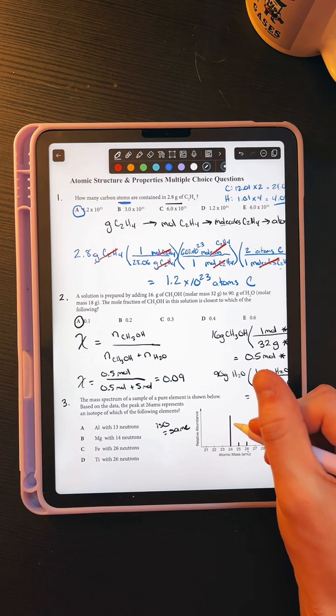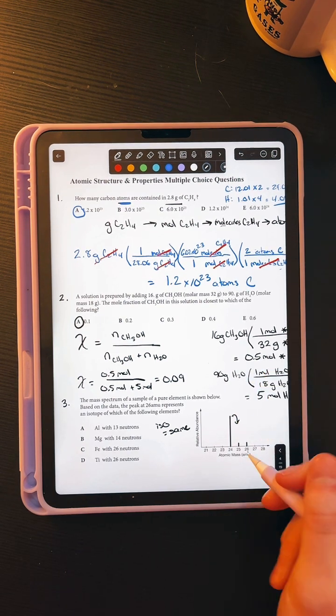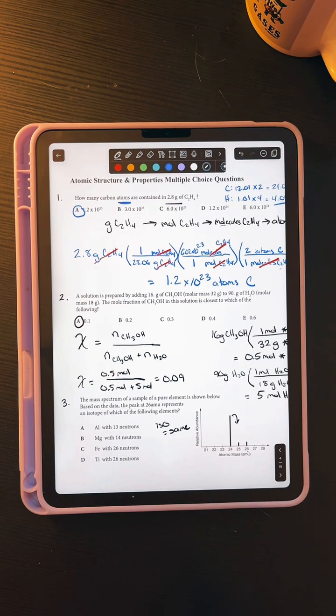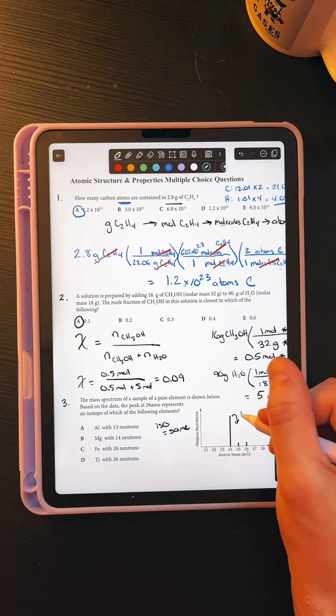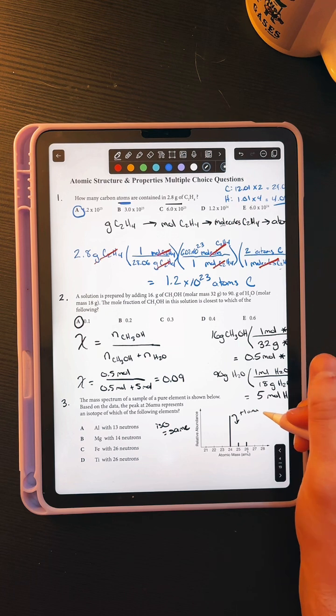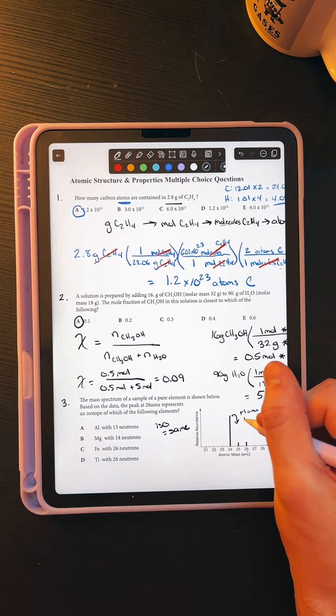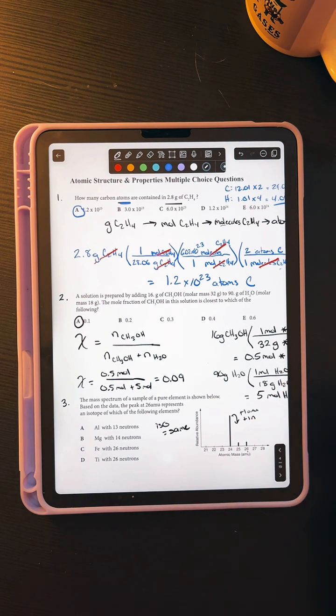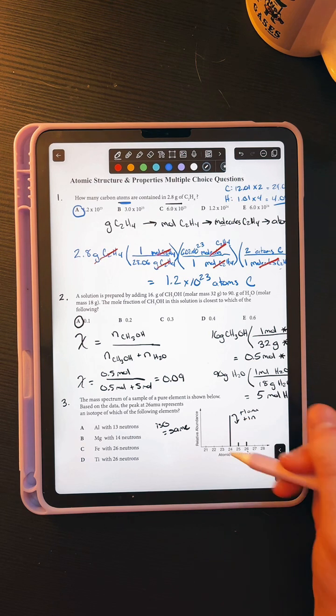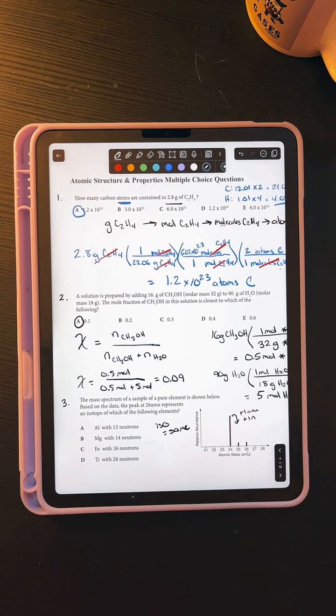Well, if we look, what happened as we went from 24 to 25? We added 1 AMU. And when we add 1 AMU, we are going to be adding 1 neutron. And that's what an isotope is. An isotope is the same element, just with a different number of neutrons.